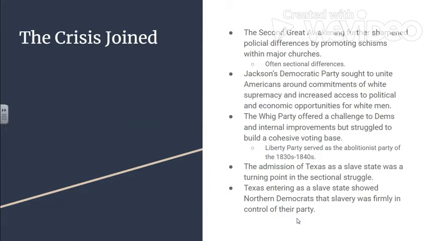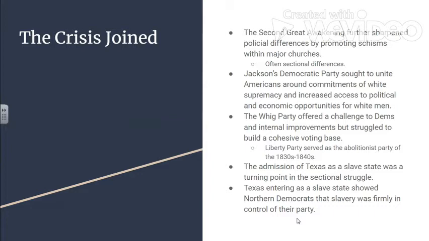Texas and its admission as a slave state is a major turning point in the sectionalist crisis. When Texas enters the Union as a slave state, really with the push of Polk, a Democratic president, and the war that was created, in a sense, basically to bring Texas into the fold, it's pretty clear to Northern Democrats that their political party is the party of slavery.